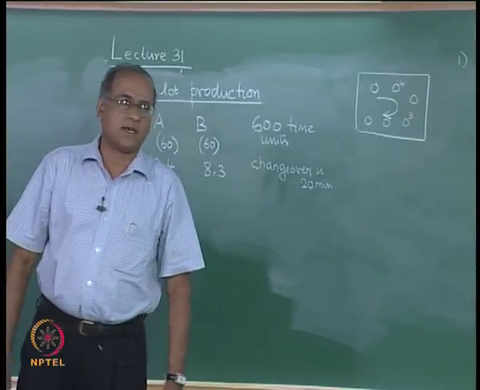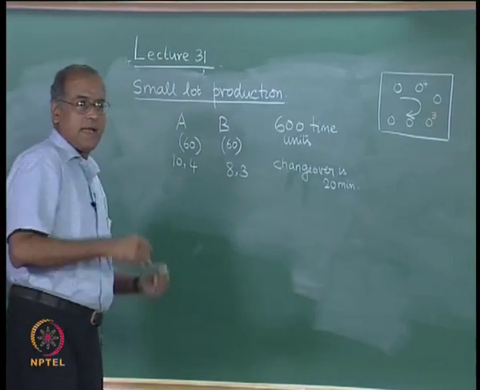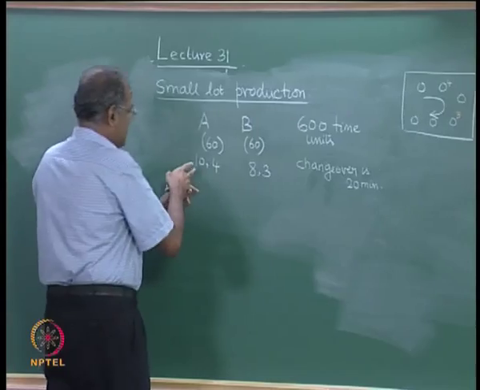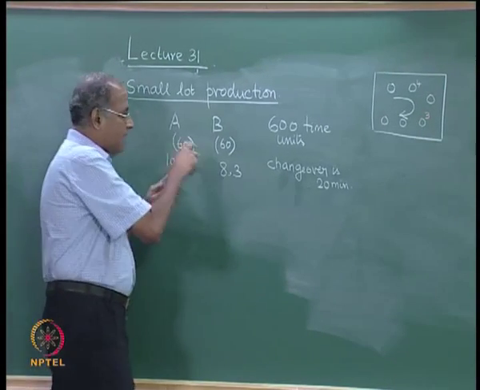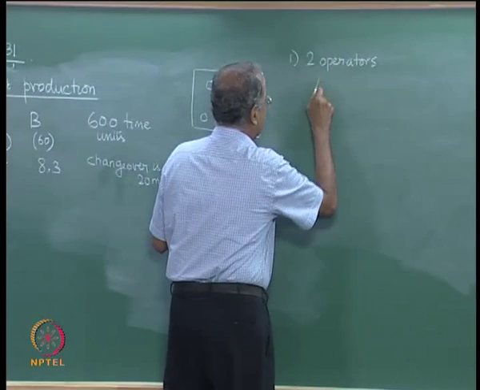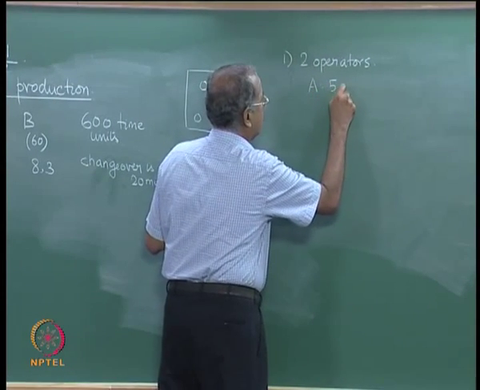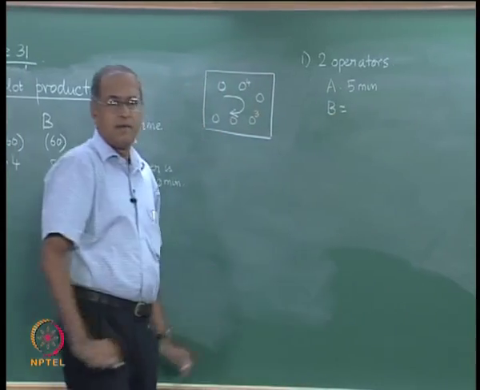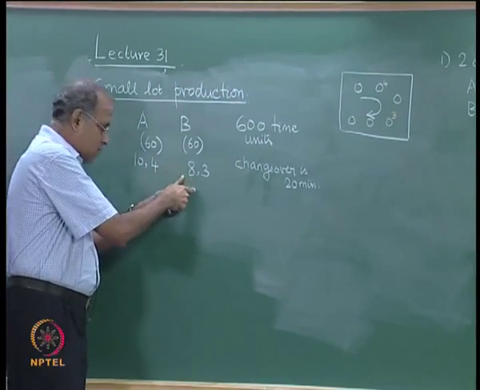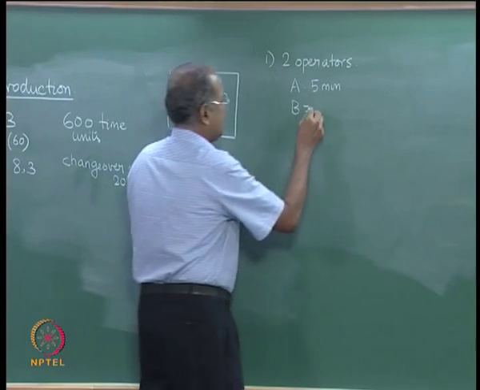If 2 operators are allocated when we make A, then this is the maximum time, the bottleneck time. So, time taken to make A is 10 by 2, which is 5 minutes, and time taken to make B is 8 by 2, which is 4 minutes.